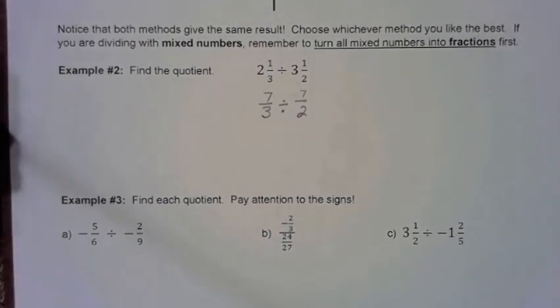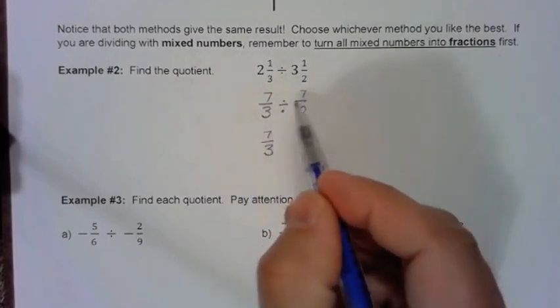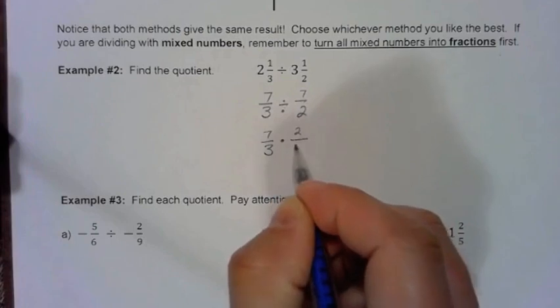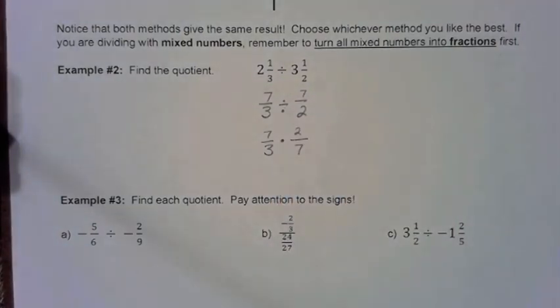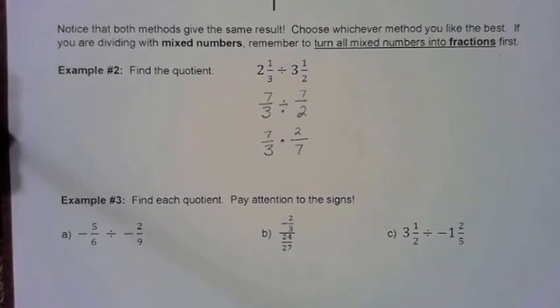Now that you're dividing just fractions, decide, do you want common denominators, or do you want to multiply by the reciprocal? I'm going to multiply by the reciprocal. That's my preferred method, meaning that 7/3 is unchanged. But instead of dividing by 7 halves, I'm going to multiply by 7 halves reciprocal, which is 2/7. All right, so now I have 7/3 times 2/7. I'm going to see if I can simplify.